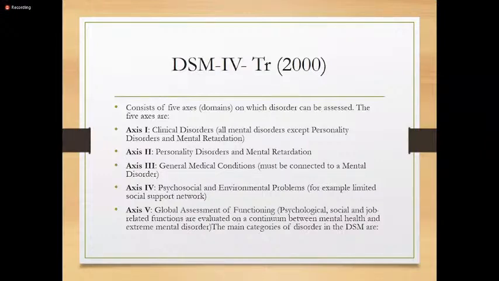And then there's the global assessment of functioning, which tried to work on the severity of the condition, a continuum between mental health and extreme mental disorder. So they tried to categorize how severely ill you were by giving you a score, a GAF score.